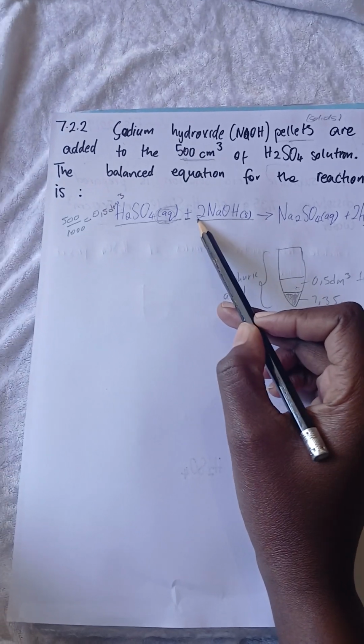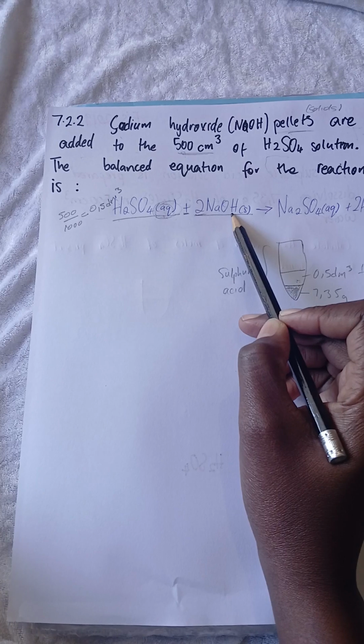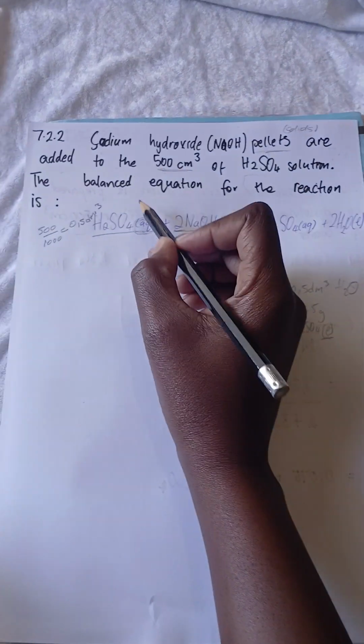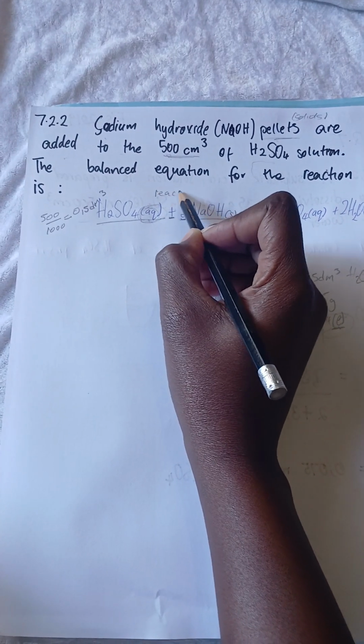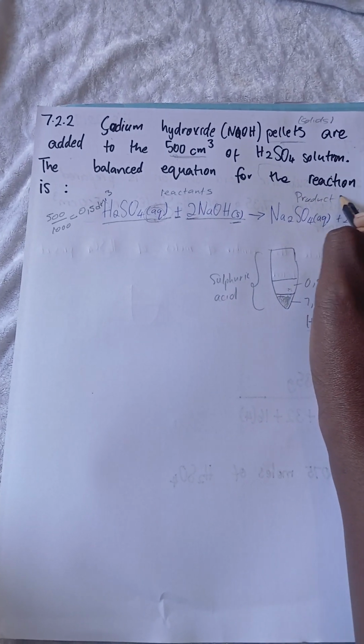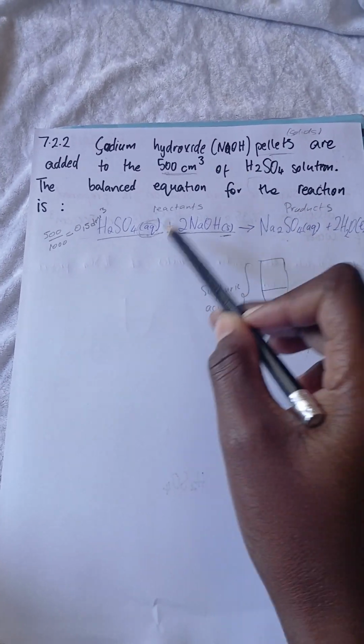Now we are being told that these are pellets of NaOH, so we see that these are solids. I always inform learners to label their equations, reactants and products, so I want us to label that so that we know. I want us to stick to the products more than the reactants.